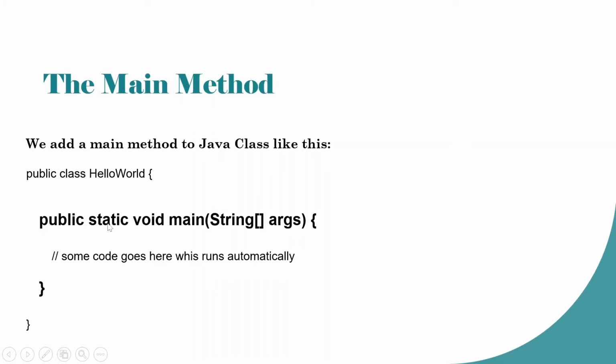It must be declared as a static method, a void method, and it must be a main method. So what I recommend is you take this line here and you put it onto a rubber stamp. And every time you write a new class that you want to give a main method, you stamp that into your code. I wish it was that simple, but I think you get the idea.